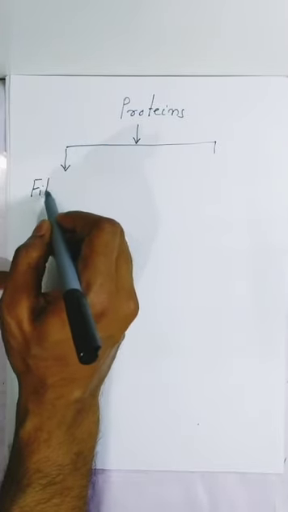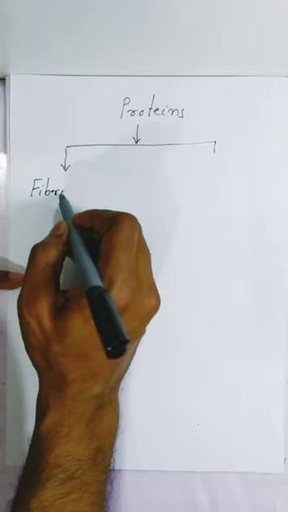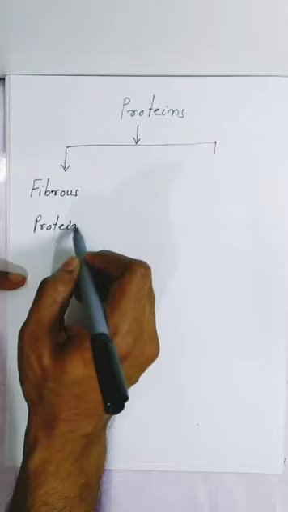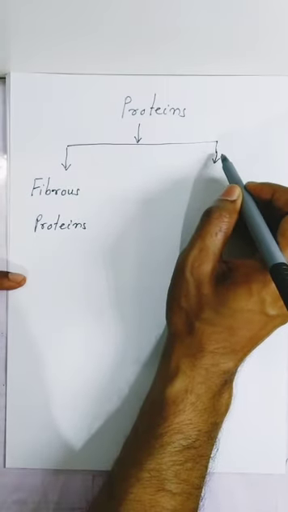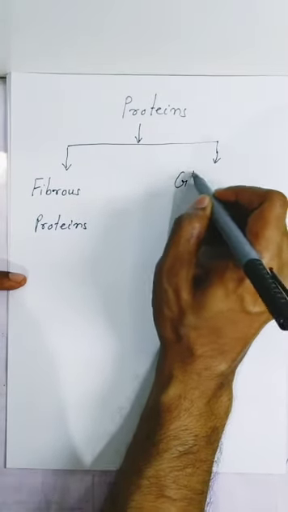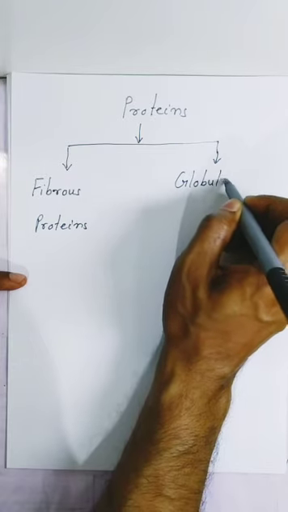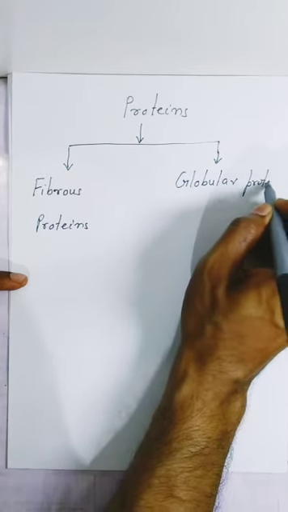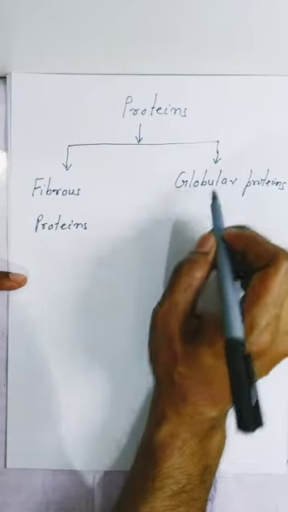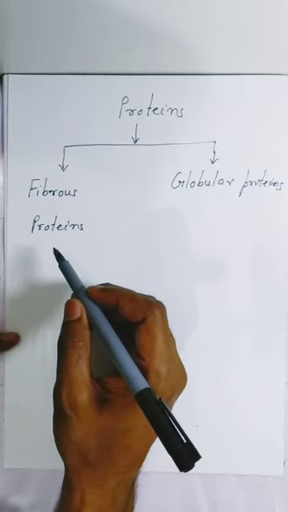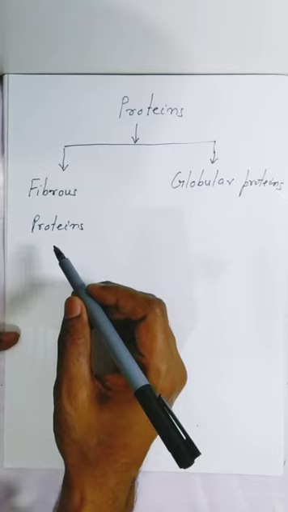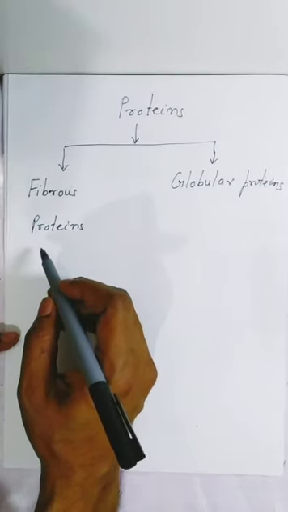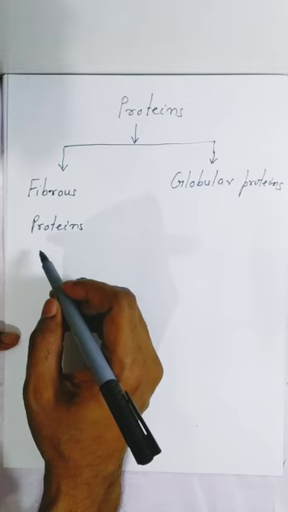Fibrous proteins. And second we have, students, globular proteins. Fibrous proteins, students, we are getting the fibers. For example, tendons, keratin, hair, skin, nails, horns, feathers.